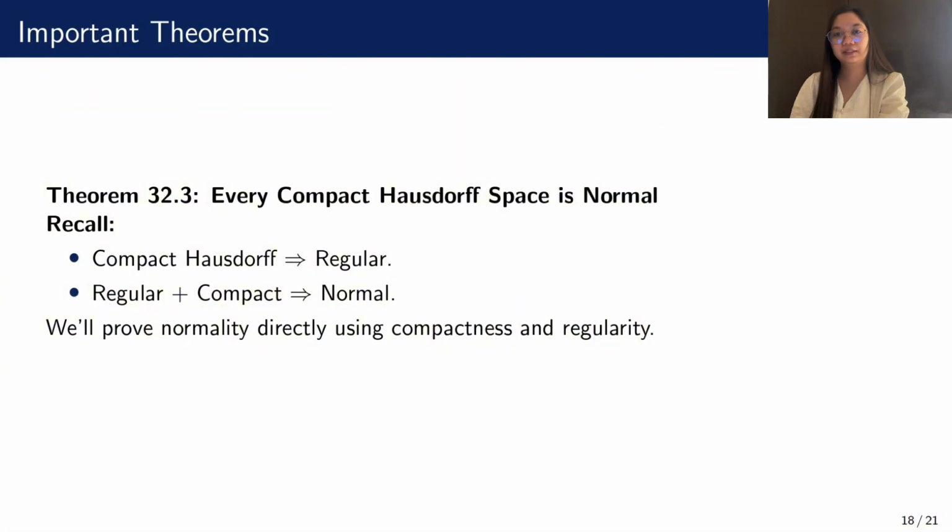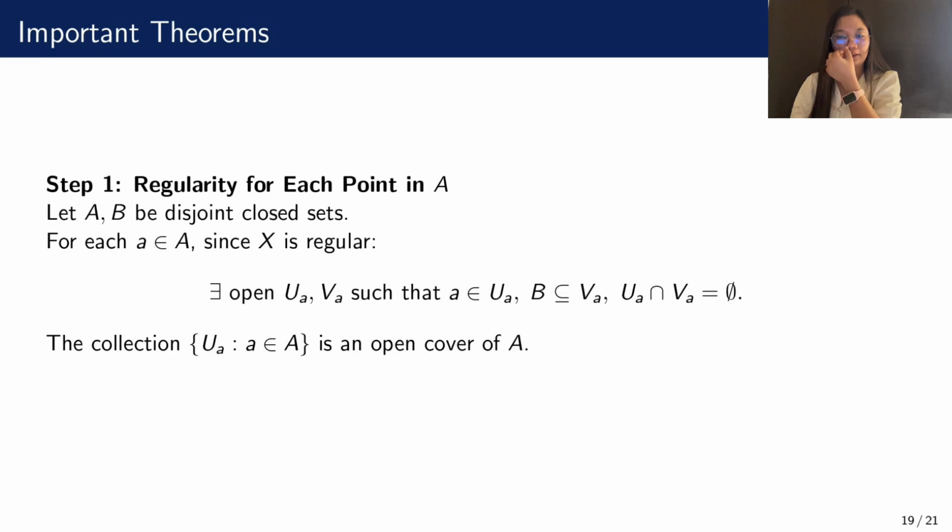Okay, so this is the outline of the proof. Step 1: regularity at each point in A. We let A and B be disjoint closed sets, and we want to separate these two sets. For each a in A, since X is regular, there exist open sets U sub a and V sub a such that a is an element of U sub a and B is a subset of V sub a, where the intersection of U sub a and V sub a is empty, meaning they are disjoint.